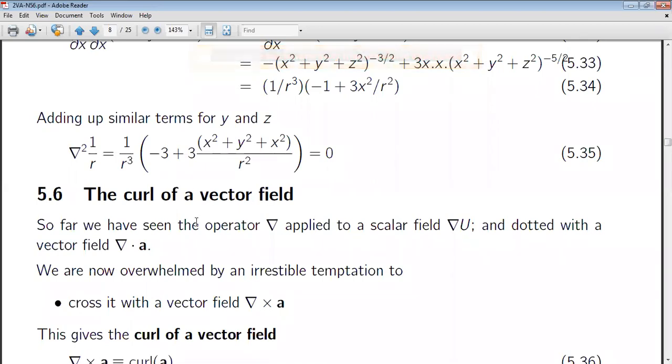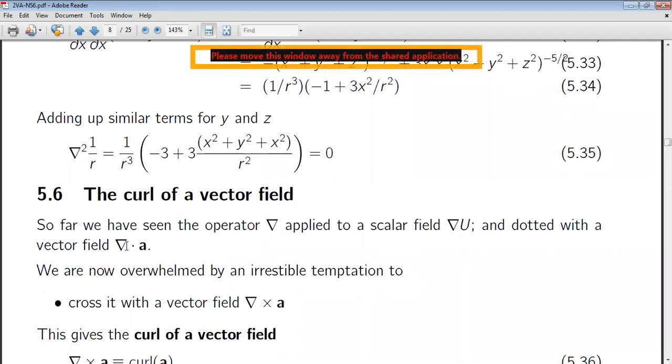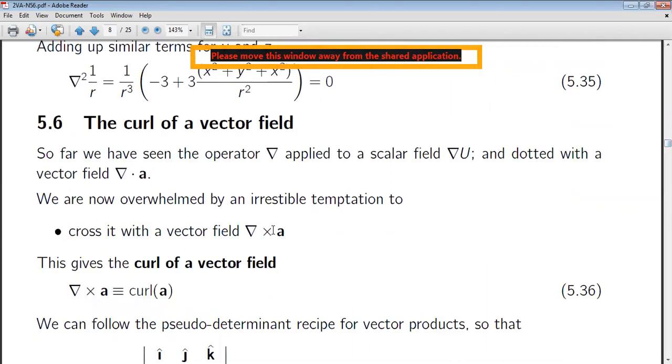See, so far we have seen the operator Nabla applied to a scalar field as well as a vector field. Nabla dot A is a scalar quantity, the divergence, and Nabla applied to a scalar is the gradient. So we are now going to discuss another operation of Nabla, that is Nabla cross A.